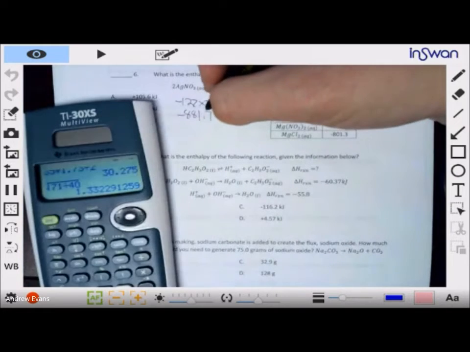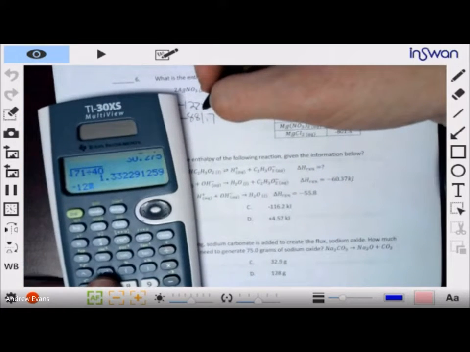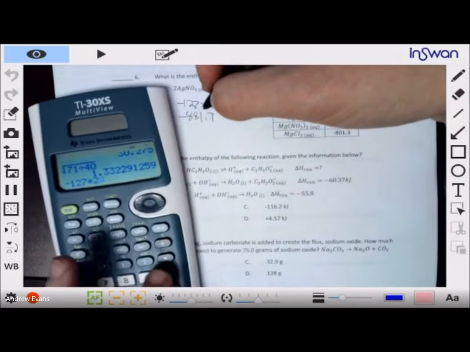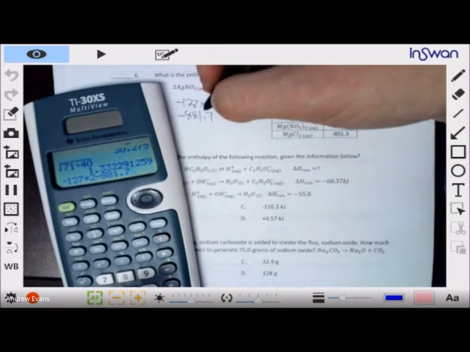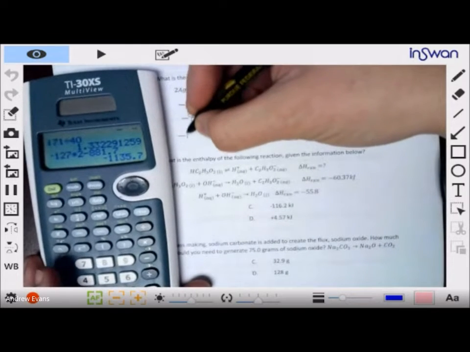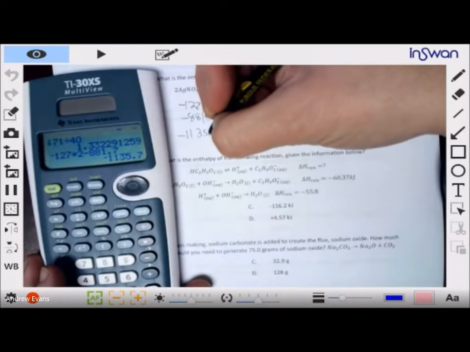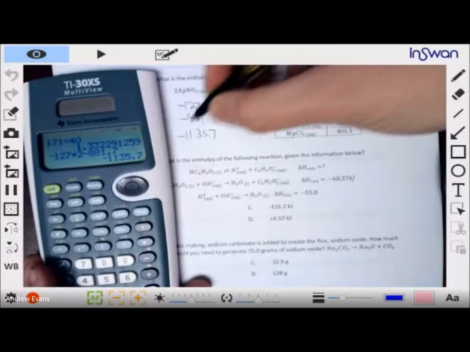So let's calculate that real quick. You have negative 1135.7.